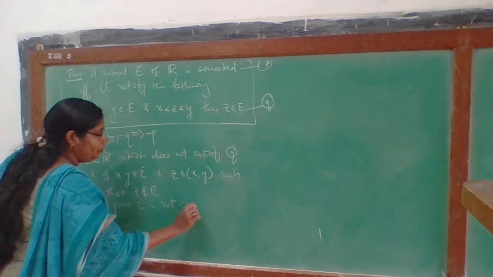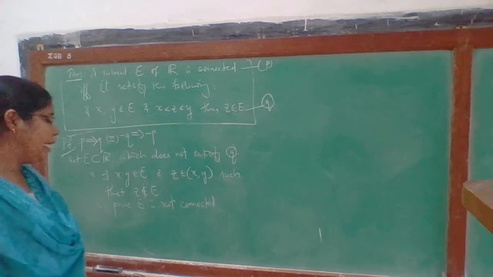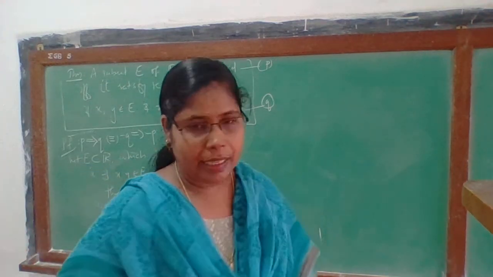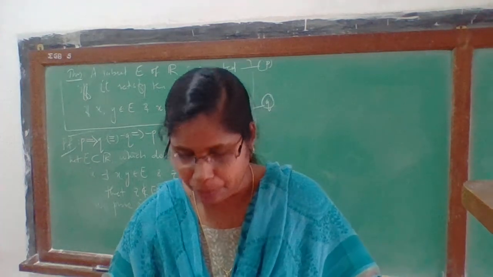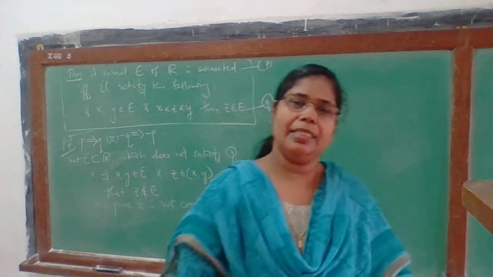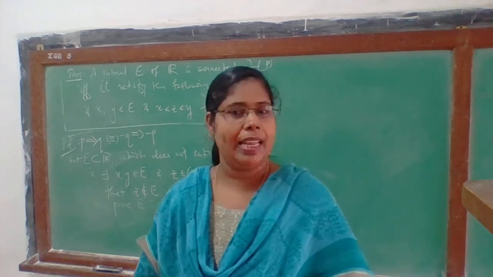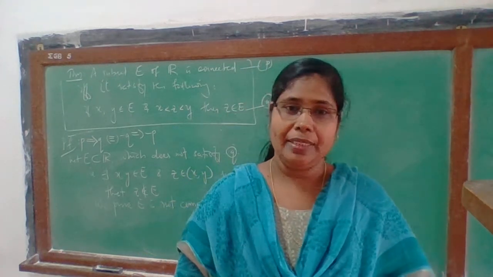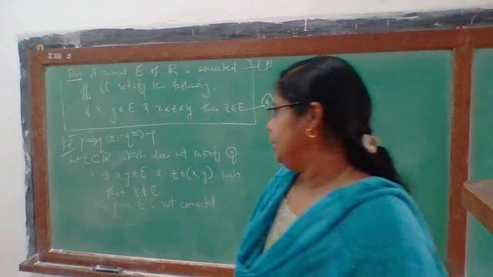So how to prove E is not connected? That approach is easier than proving a set is connected. Okay, to prove a set is not connected, it is enough if we find two subsets A and B which are separated and their union is the set. Okay, so that is easier.